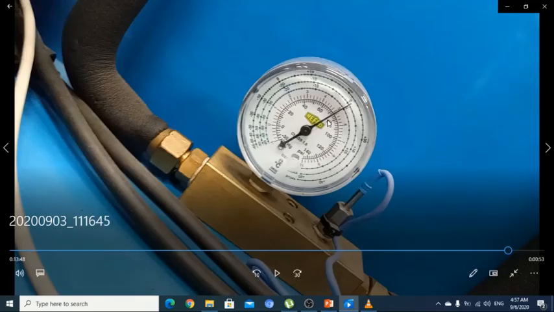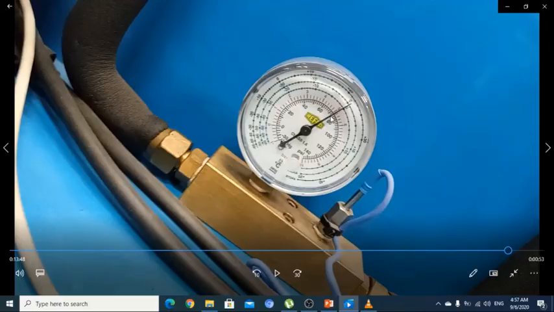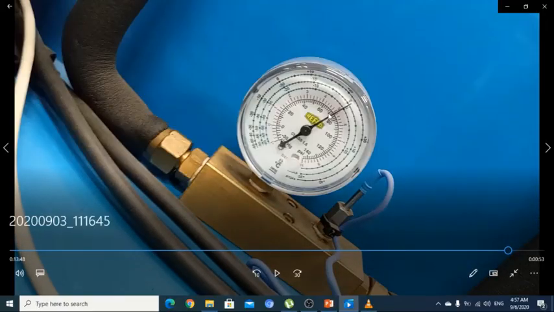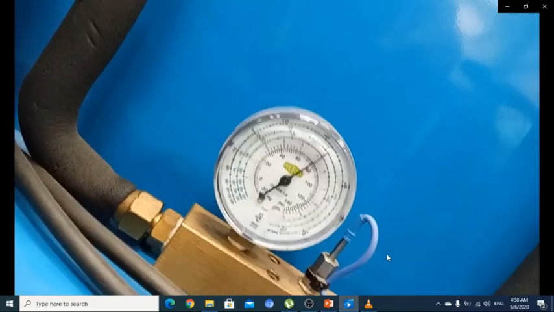As you can see, this is a low pressure line, and at this level we have a pressure of around 73 psi, or if we see the temperature, it is almost near 0 degrees centigrade, a bit higher. Both can be measured by using this gauge.